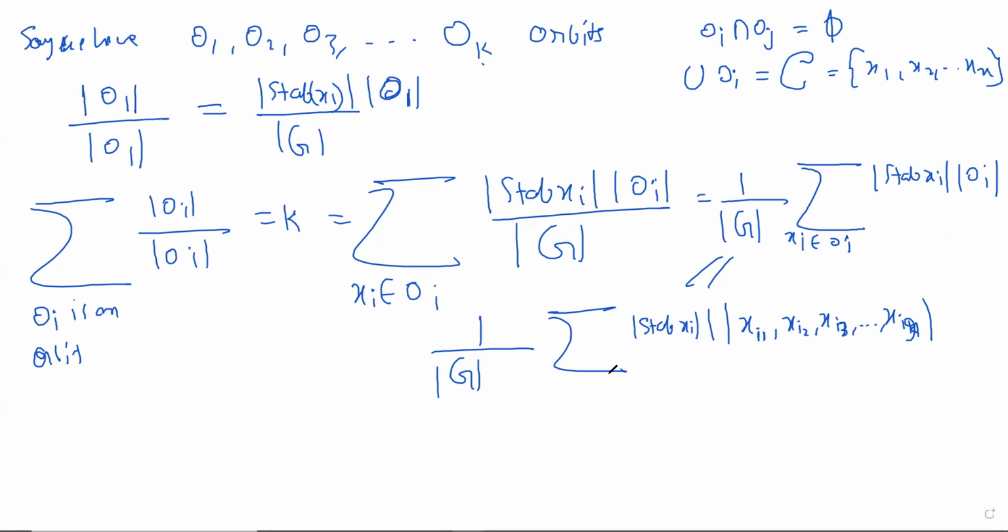Now this becomes essentially that xi is getting fixed by these many things. Which things can differ? Xi will obviously be there in the orbit, but there might be other things in the orbit.